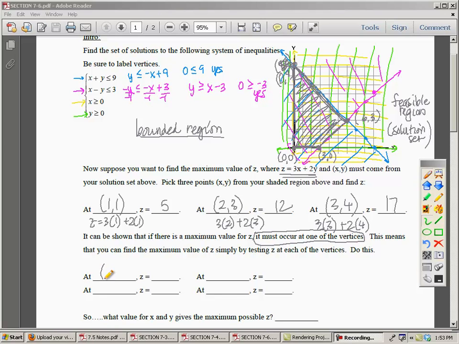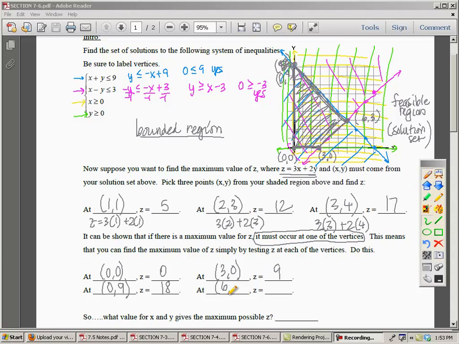Let's start with the point (0, 0). If I plug that in, you get 0. At the point (0, 9), 3 times 0 is 0, 2 times 9 makes 18. I have the point (3, 0). 3 times 3 is 9 plus 0, so we just get 9.